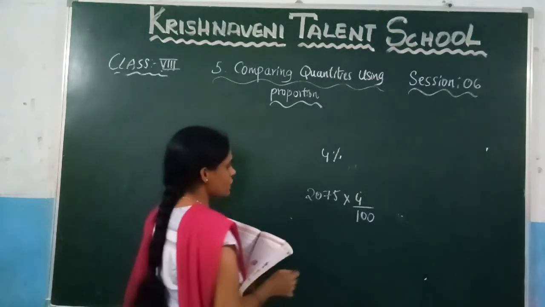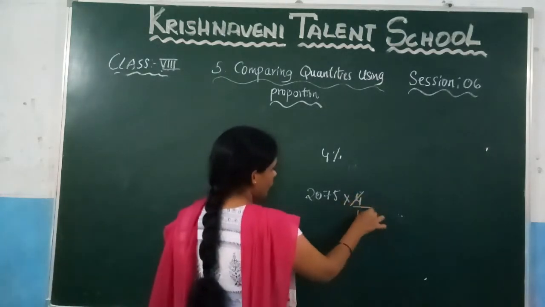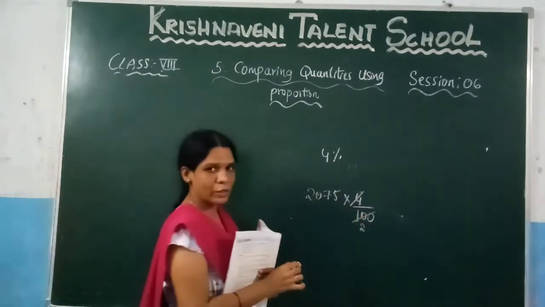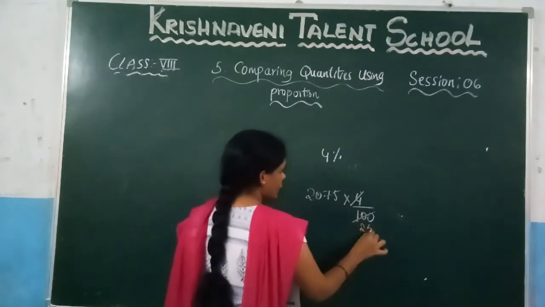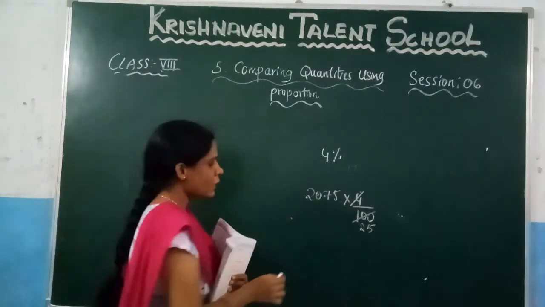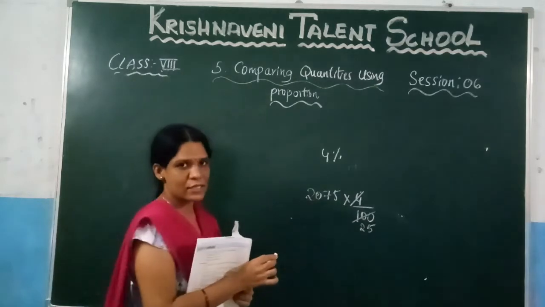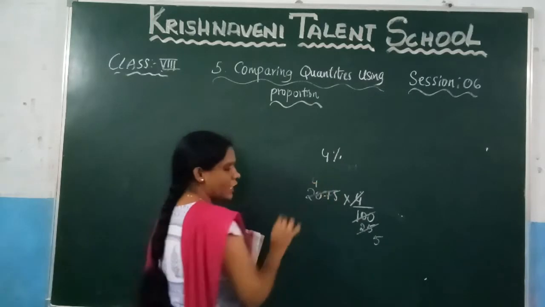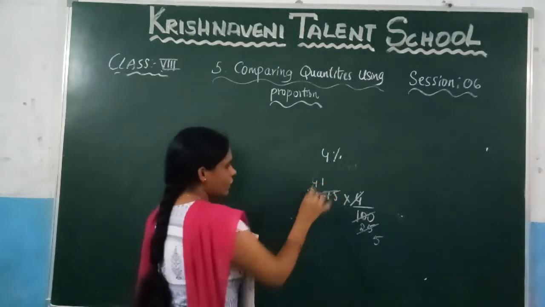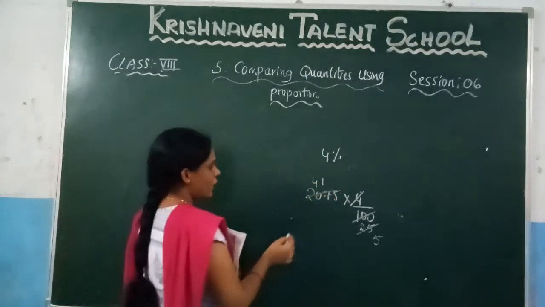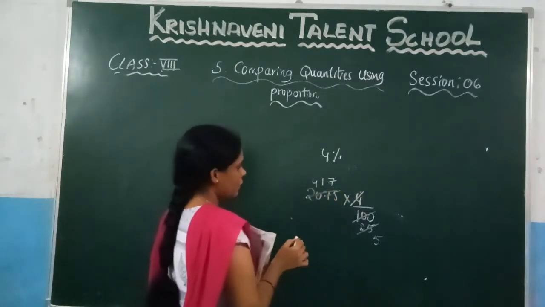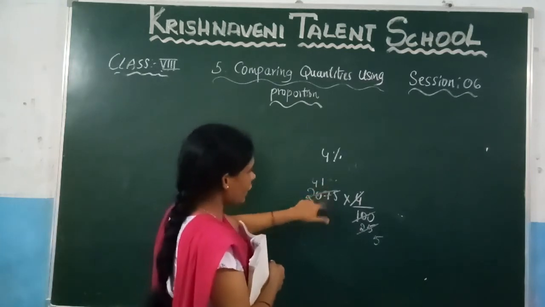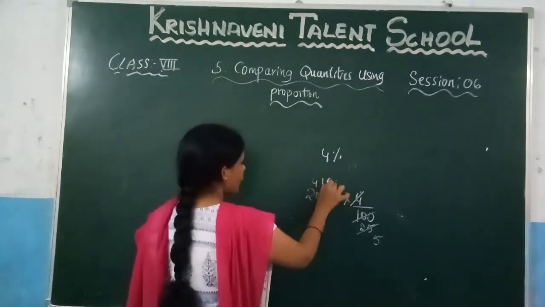Let us do the simplification here. You know that in the 4 table these two will get cancelled, right? 4 2s are 8, 2 will be remaining, 4 5s are 20. Now in the 5 table these two numbers will get cancelled, right? 5 5s are 25, 5 4s are 20, 5 1s are 5, 3 will be remaining, 5 7s are 35, right? 5 4s are 20, 5 1s are 5, 2 will be remaining, 5 5s are 25.